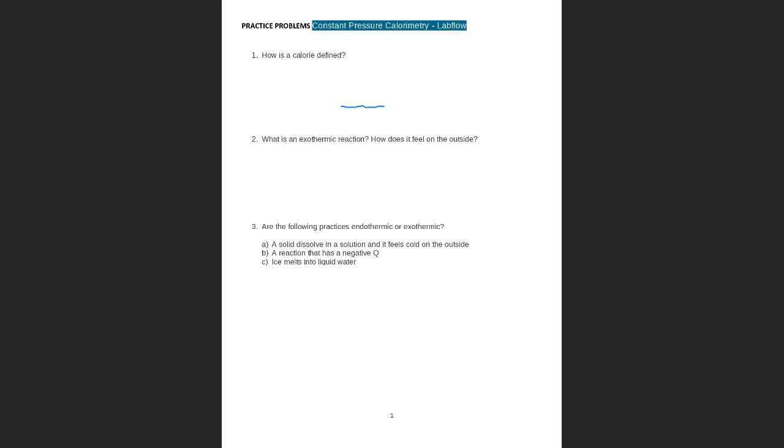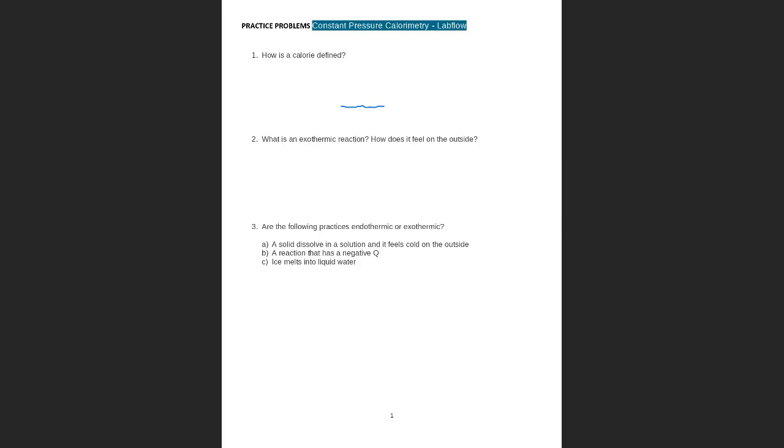It's a unit that we use to measure heat. And you know, we use meters to measure length, we use grams to measure weight or mass, and the calorie is one of the units that we use to express the heat, the amount of heat.